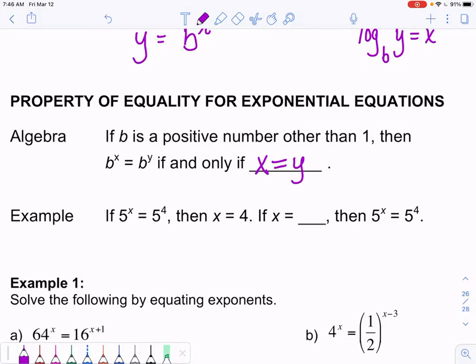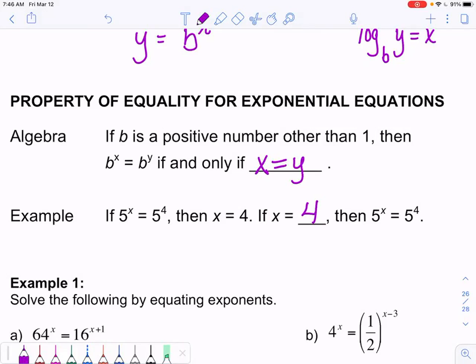So little example here, if 5 to the x equals 5 to the 4th, then x has to equal 4. Because if it doesn't, then 5 to a different power is not equal to 5 to the 4th. If x equals 4, then 5 to the x is equal to 5 to the 4th.